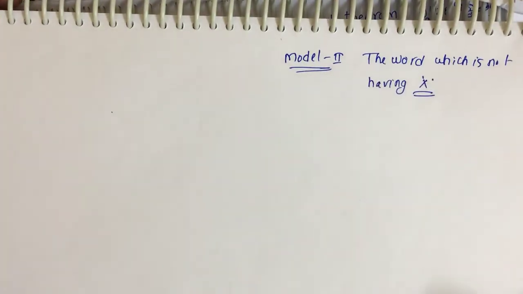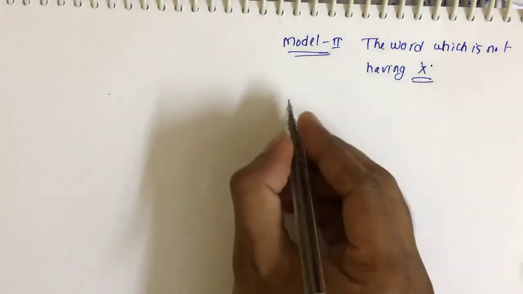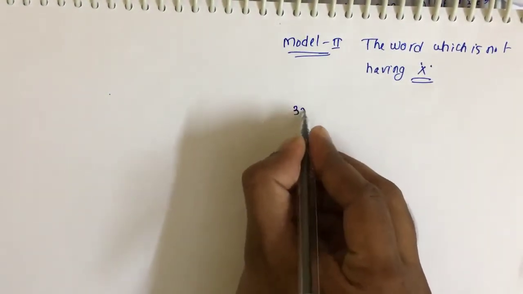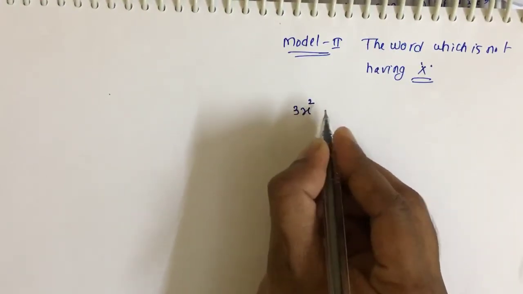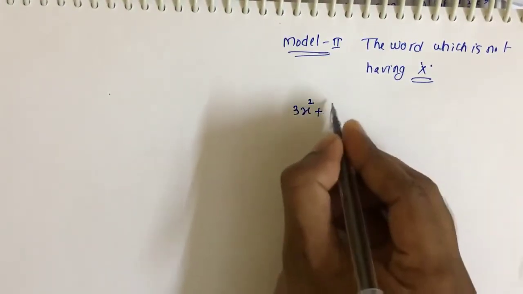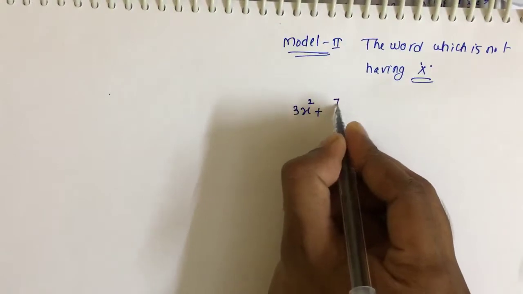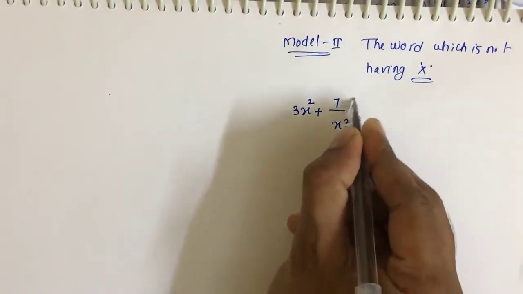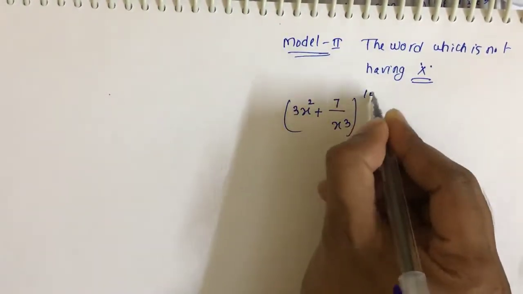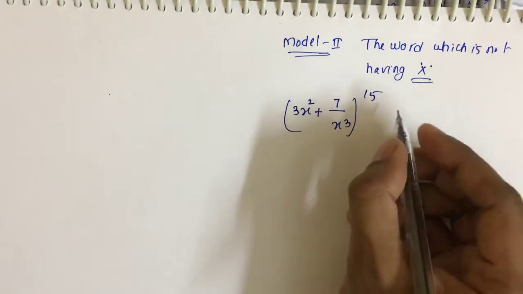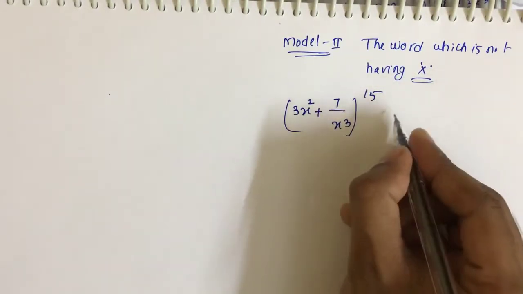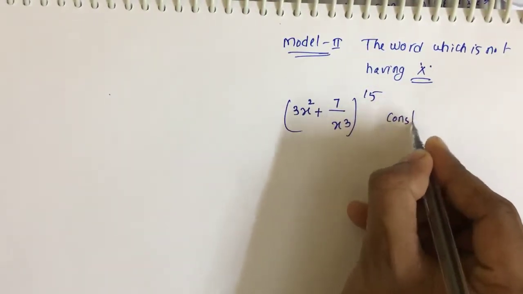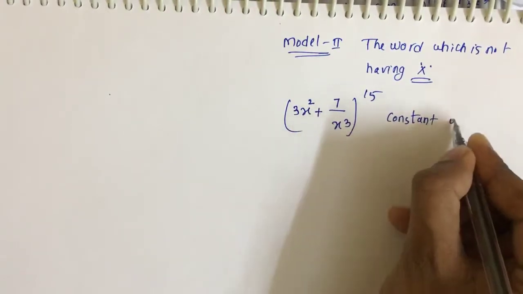Okay, so this is also very simple. This kind of problem they will ask in a GATE exam. 3x square plus 7 by x cube, power 15. So what is the term which is not having x, or we can also say the constant term.